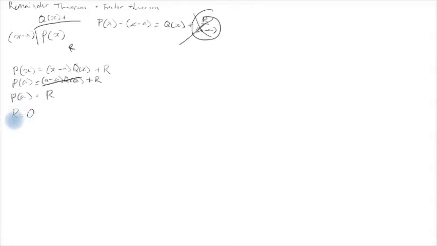So for the remainder to be 0, we need the polynomial with respect to a to equal 0. So how do you do this? Well, often you just do it by trial and error. Try different values of a in the polynomial. Whenever you get an answer of 0, then you know that x minus a is a factor, and it's a good thing to divide by. So that's sort of the factor theorem.